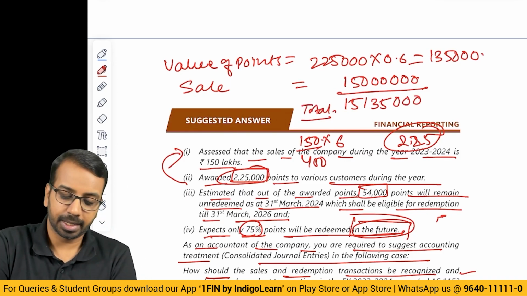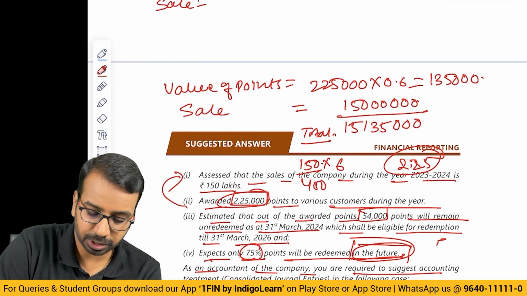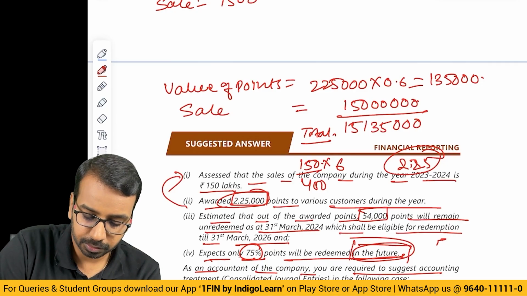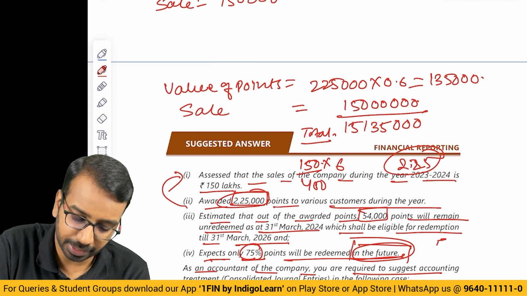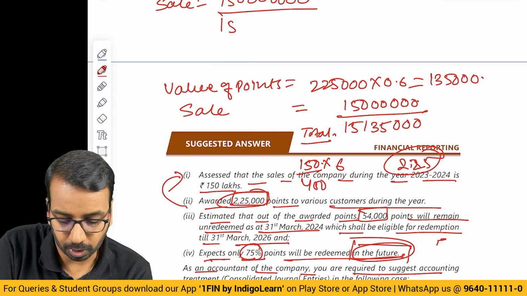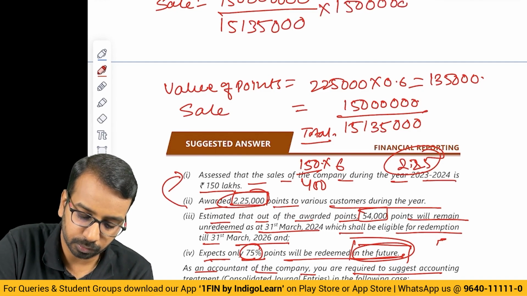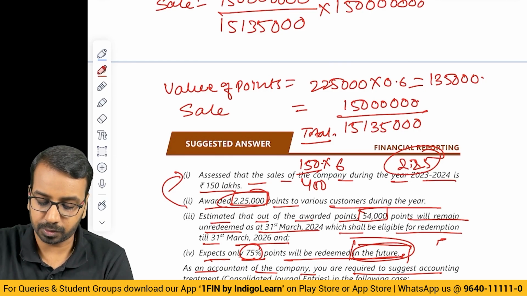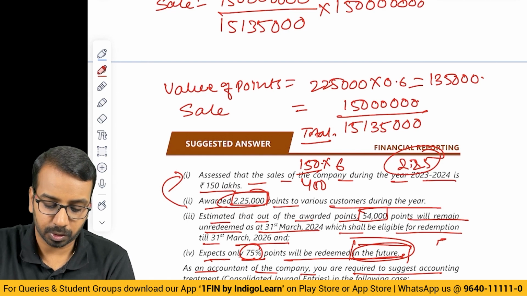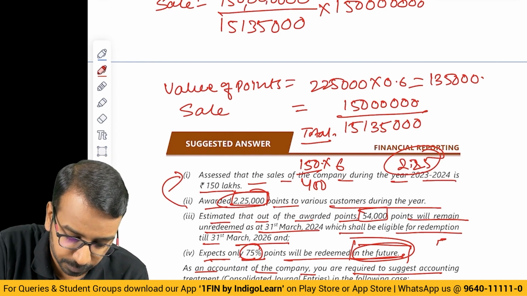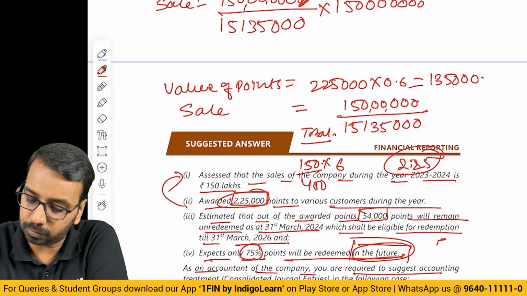Now, how will we allocate? Allocation for the sale will be 15,000,000 divided by 15,135,000 multiplied by 150 lakhs.